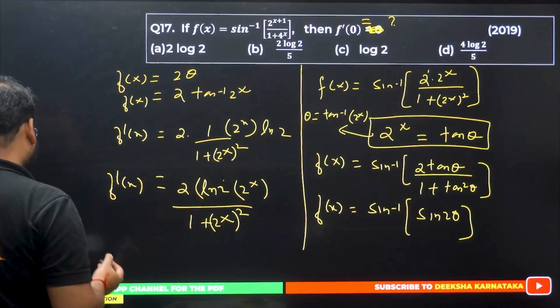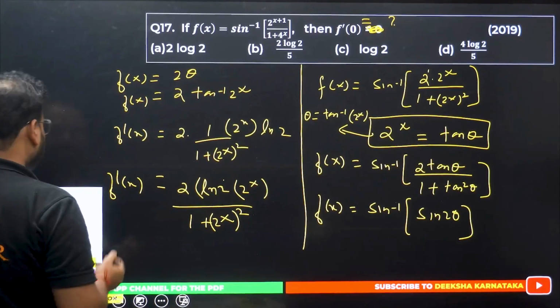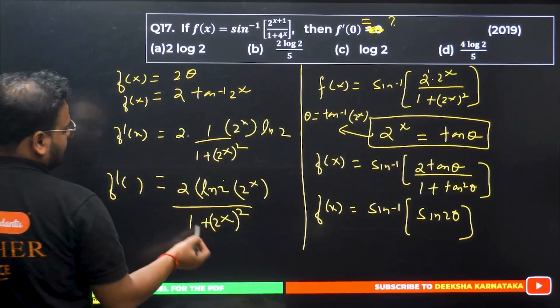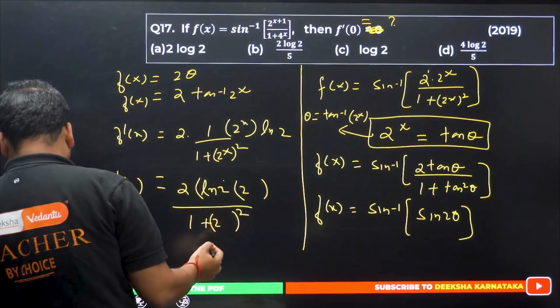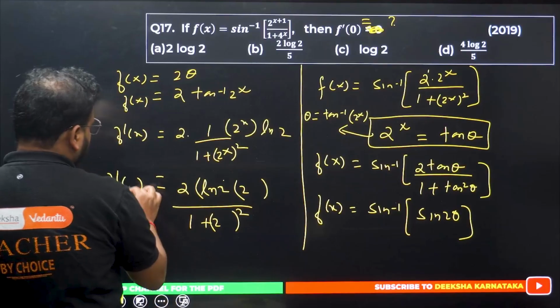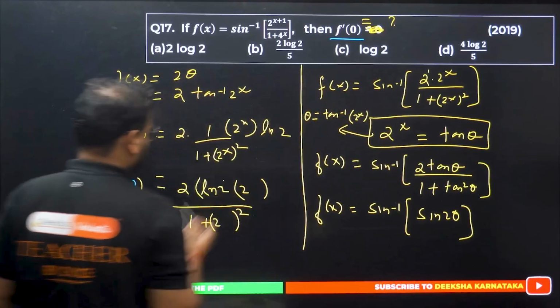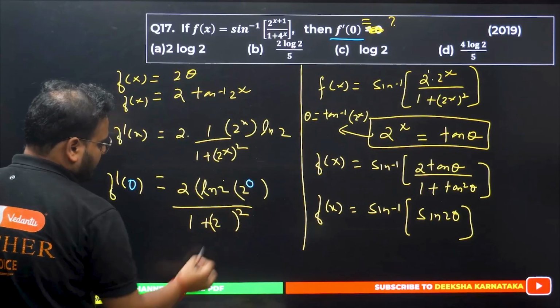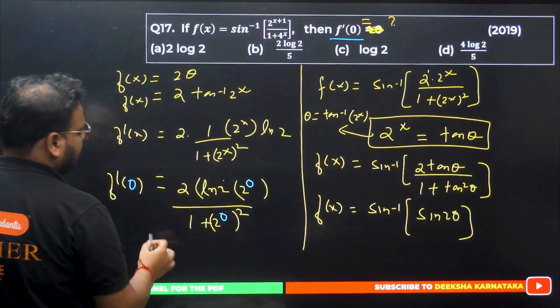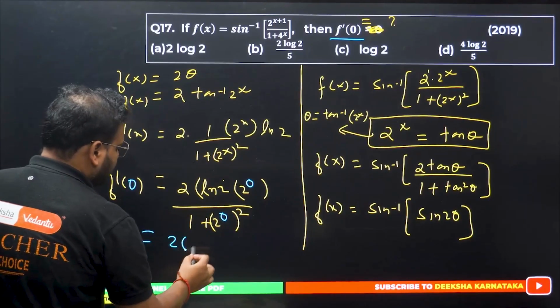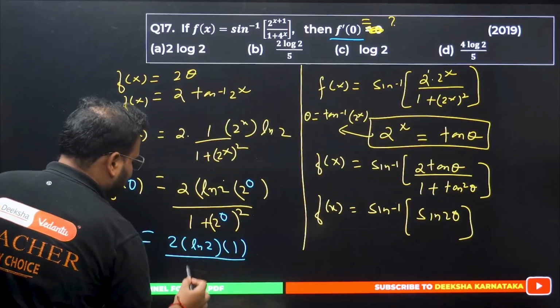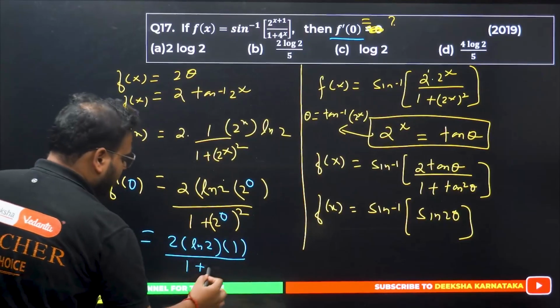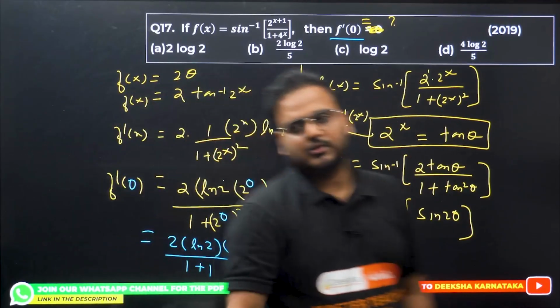Now replace x with 0. Wherever we have x, we can replace that with 0. F dash of 0 we are looking for. So 2 power 0. What am I getting? 2 times ln 2. 2 power 0 is 1, and 1 plus 2 power 0 is again 2, so 2 square is 4.